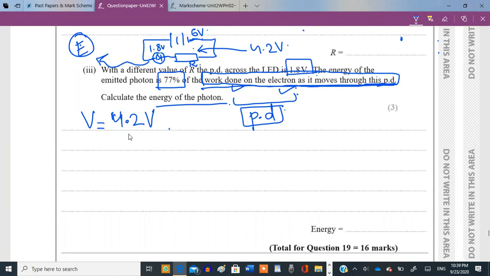Okay, so now what is the work done? If this voltage is 4.2 and the work done is W and the charge of one electron is 1.6 raised to the power minus 19, we can get the work done on that electron, right?